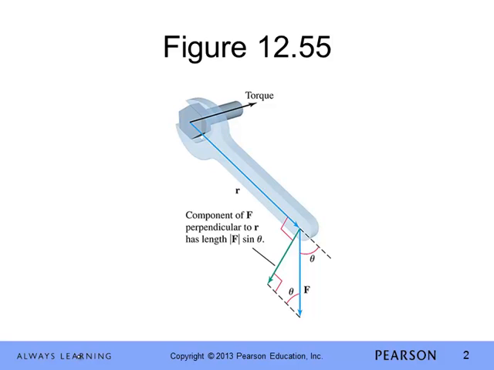Torque is determined by the length of the lever, by the magnitude of the force that's applied to the end of the lever, and then by the angle between the lever and the force.